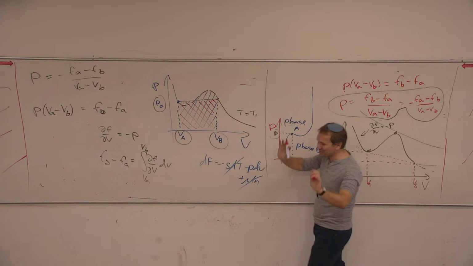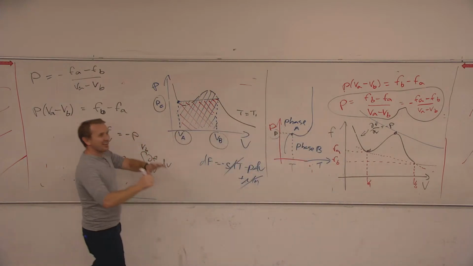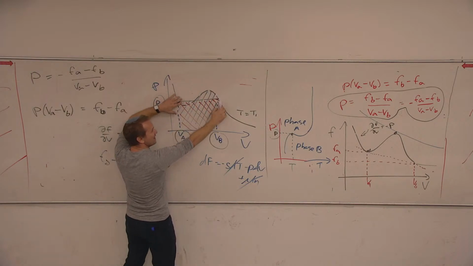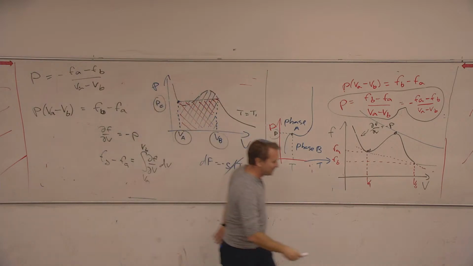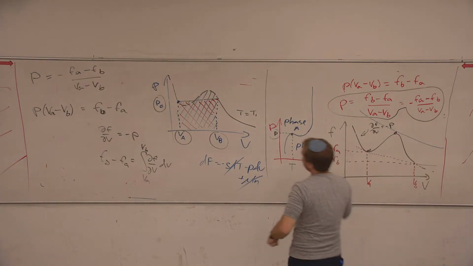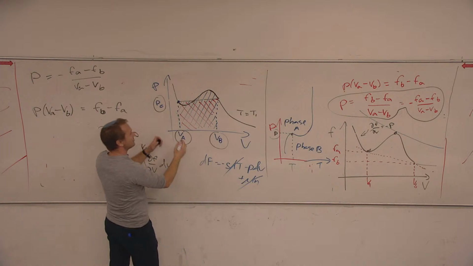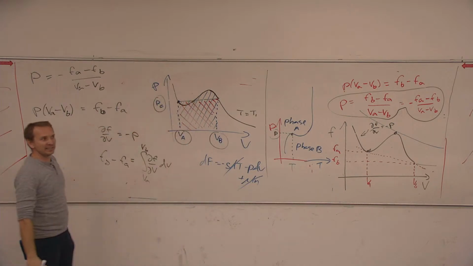Okay. This is good. Very good. So you see, Maxwell said you take the whole area under this black curve, and this is the blue stripes.